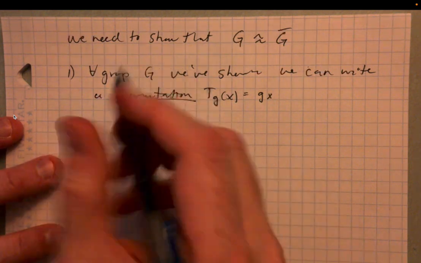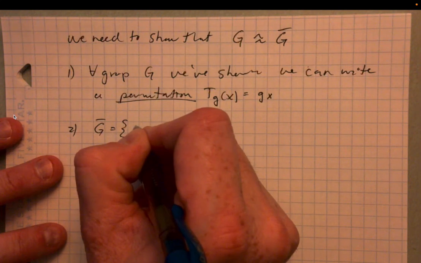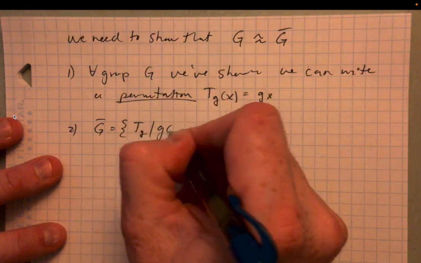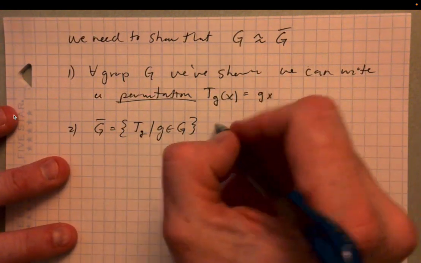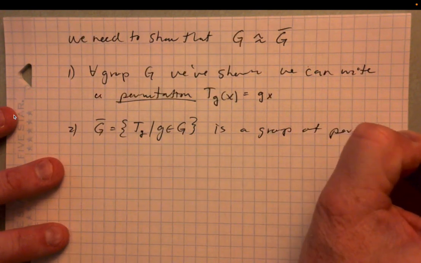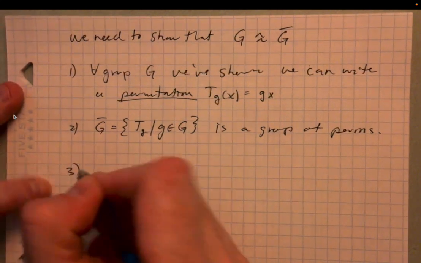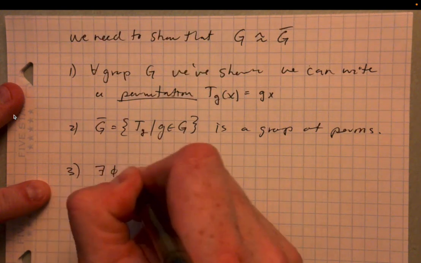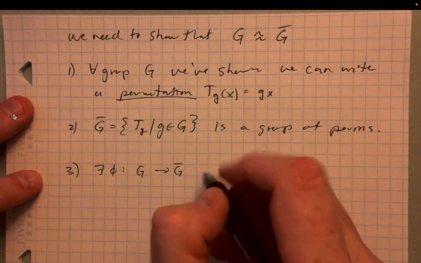Second, we defined G bar as the set of all T sub g such that g is in the group G, and we showed that this is a group of permutations. So what's left to show is that there exists some phi from G to G bar where phi is an isomorphism.